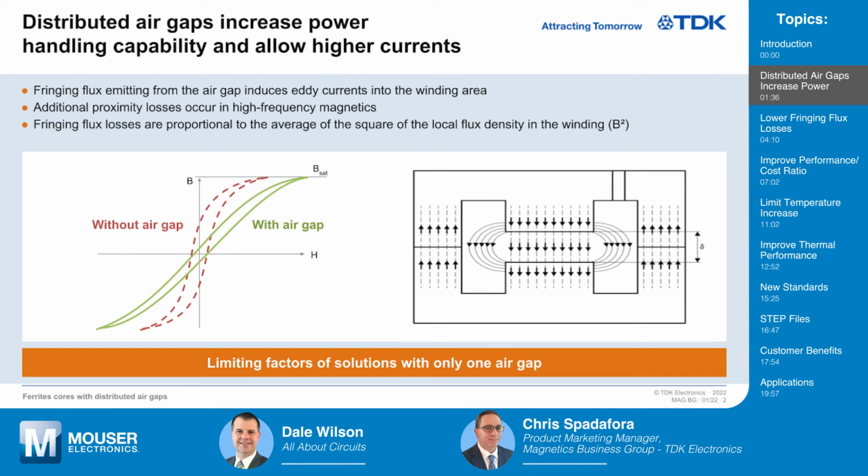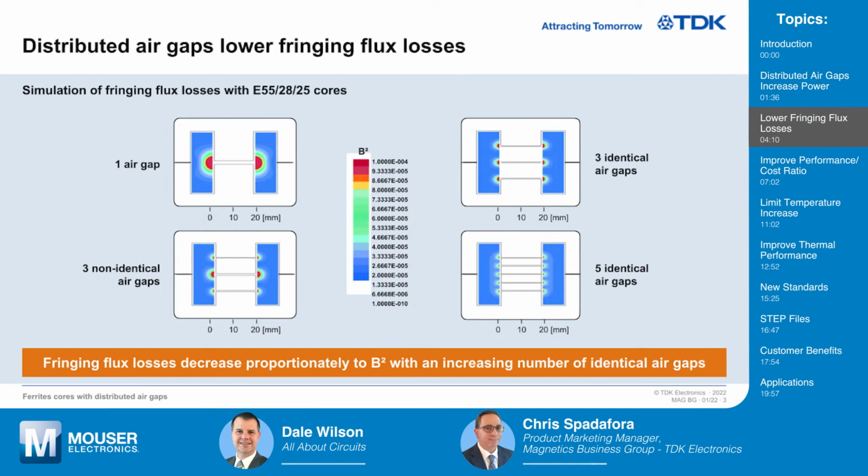Thanks. So, one of the biggest things distributed air gaps do is lower fringing flux losses. It's a little complex slide here, but I'm going to break it down for you. If we look at the slide in the upper left-hand corner with one air gap, we see the profile in the blue area, which is called the winding window.